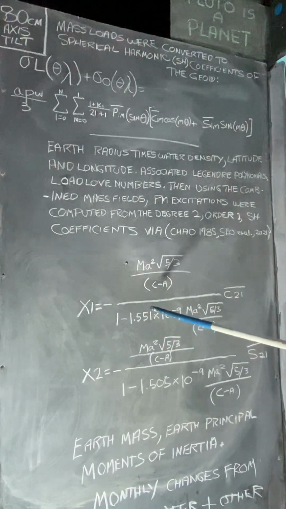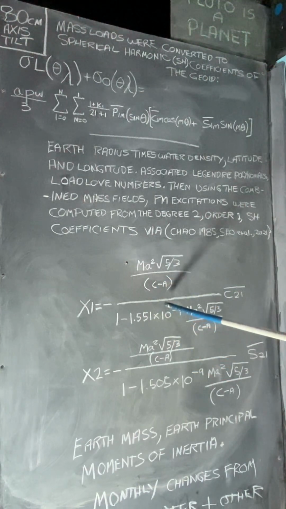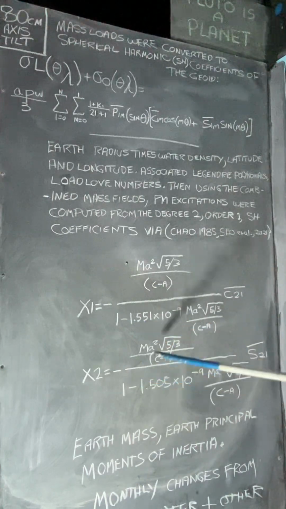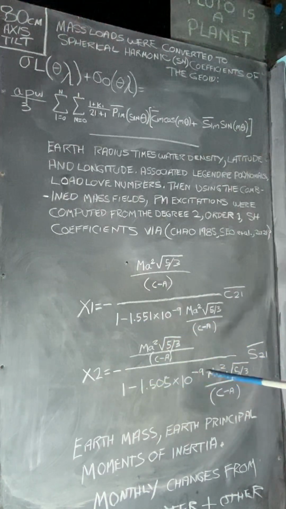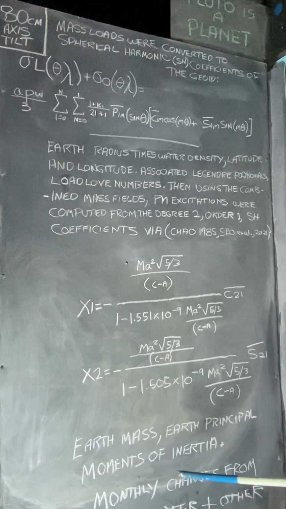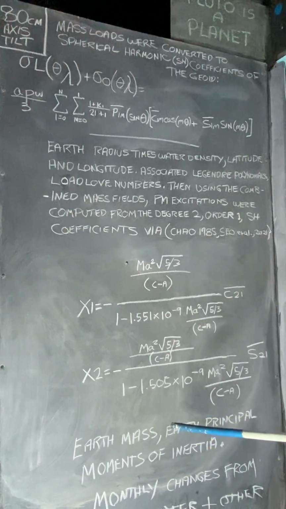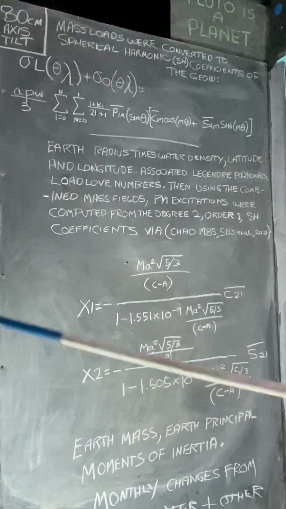Now, MA squared, we know that, and then look again, I'm sure in some faraway land this really does make sense, but and then at the end we've got Earth mass, Earth principal moments of inertia, monthly changes from groundwater and other sources. So this is the equation that's been used to work out 80 centimetres of extra axis tilt, okay?